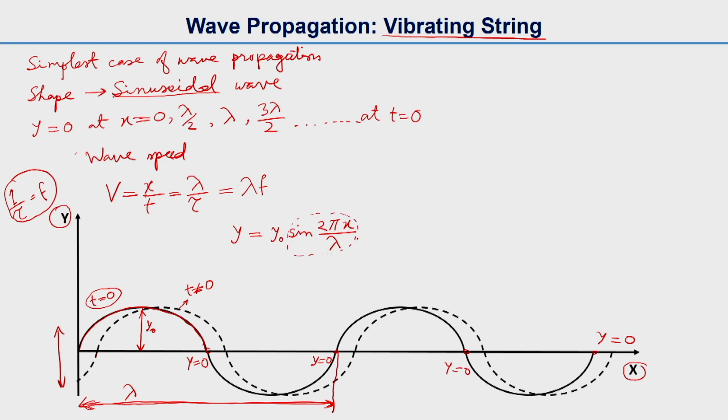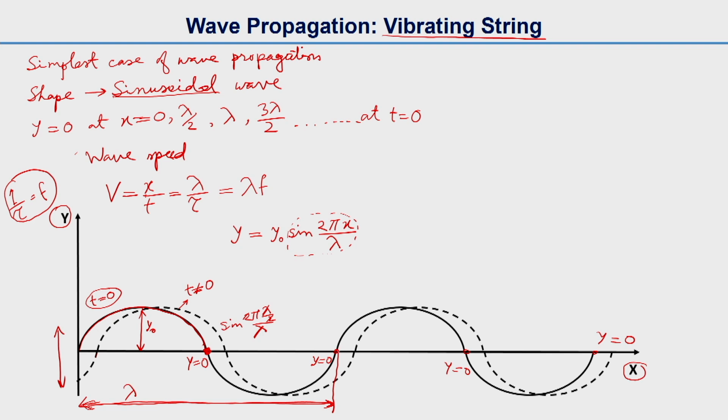If x equal to lambda by 2, this term will be sine twice pi lambda by 2 by lambda, that means sine pi, which is 0.